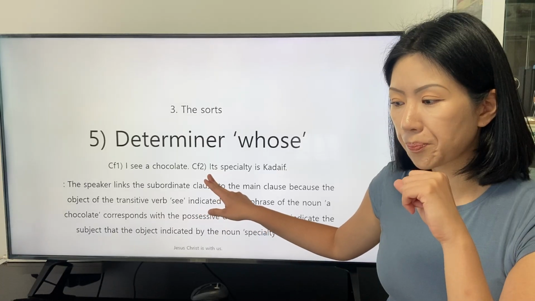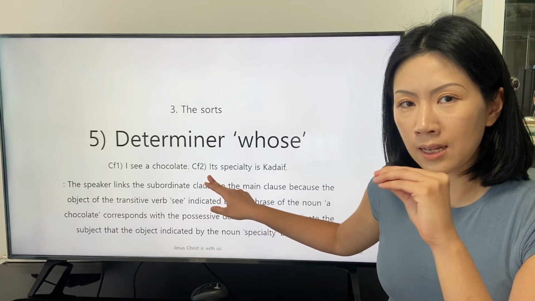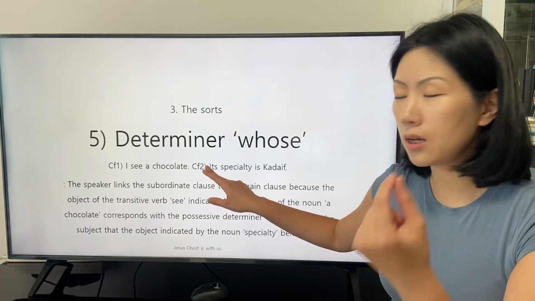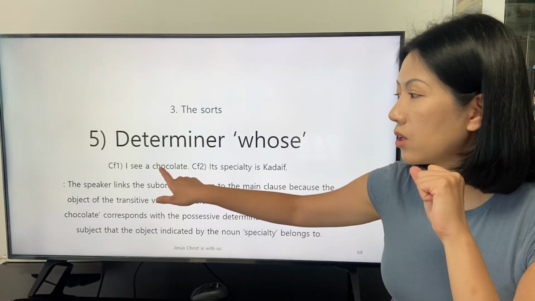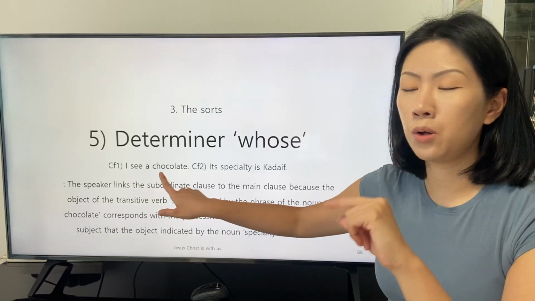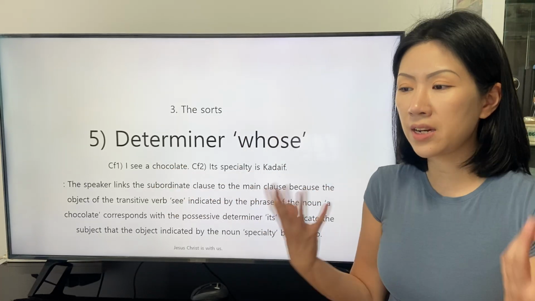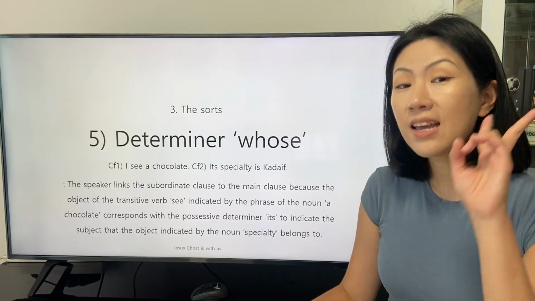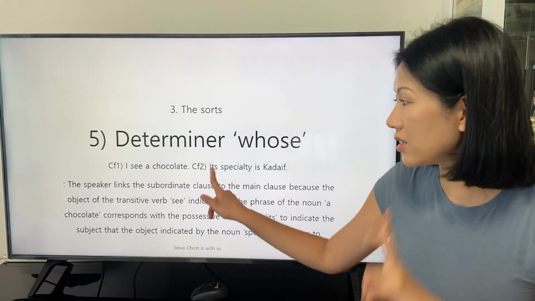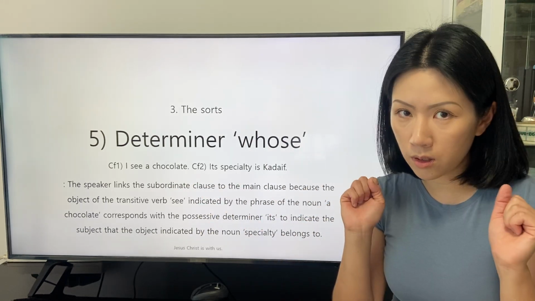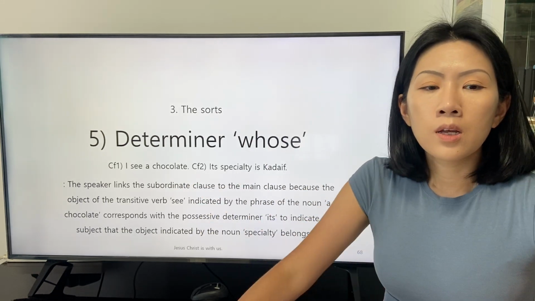It is in the form of the possessive determiner, but it indicates the chocolate. So the speaker links the two clauses by finding the shared indication and description, because the determiner is one of the descriptive words.